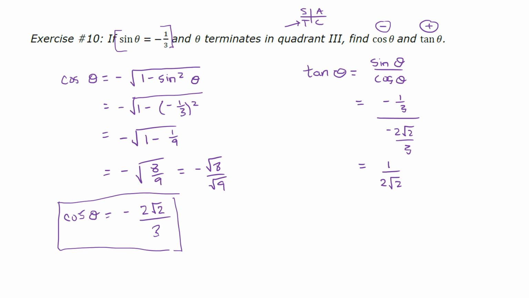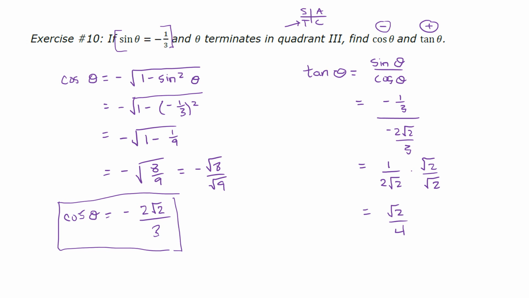To get the square root out of the denominator, we'll multiply the numerator and denominator by the square root of 2. When we multiply across, we would get square root 2 over 4.